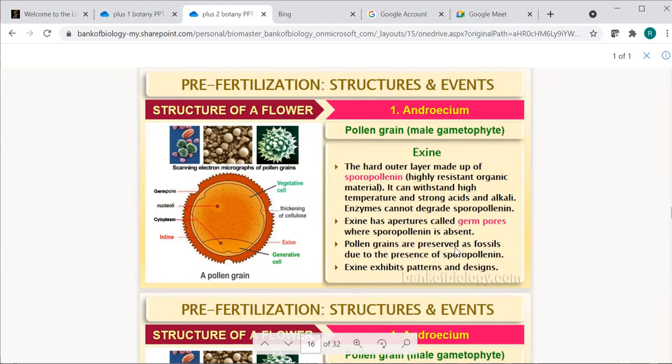So pollen grains are preserved as fossils due to the presence of sporopollenin.